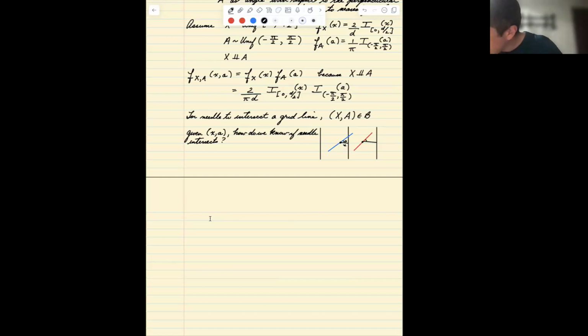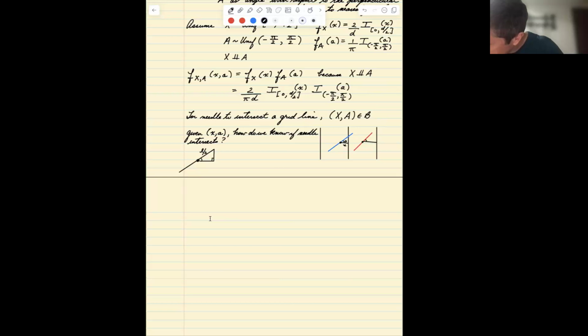So what can we say? Realize that if we know X and A, we know that the length of this needle is L. So this piece is L over 2.